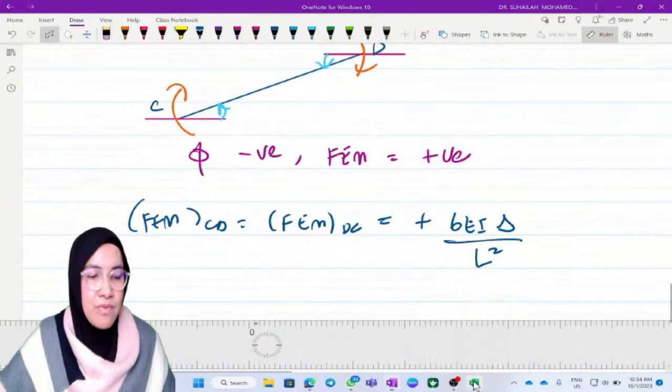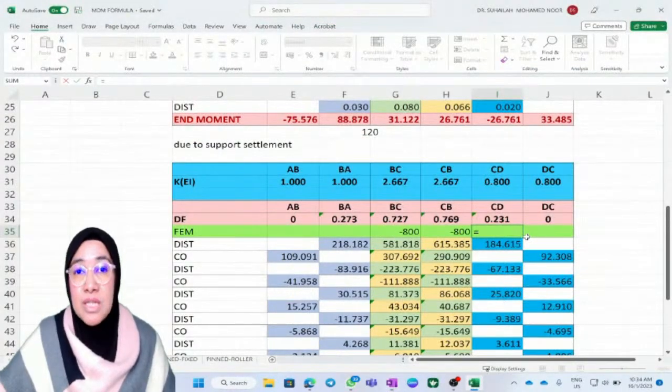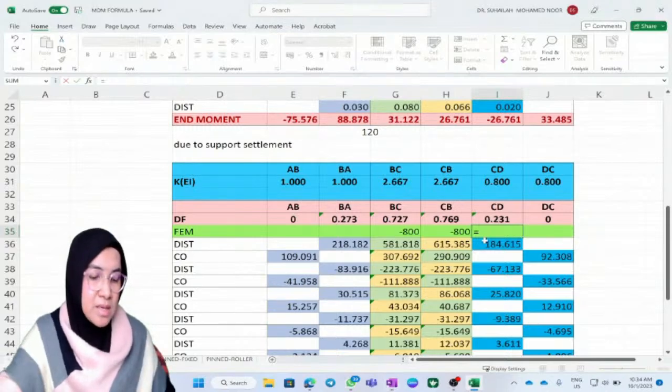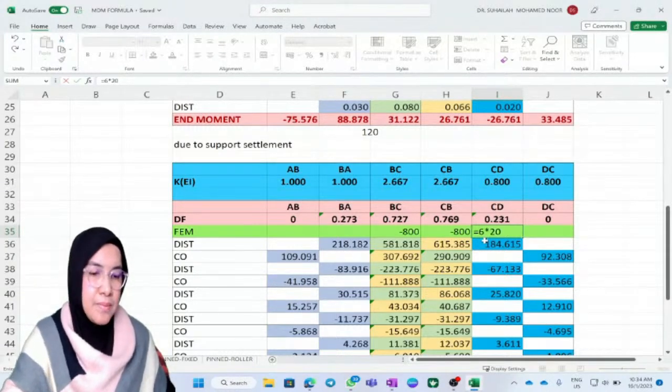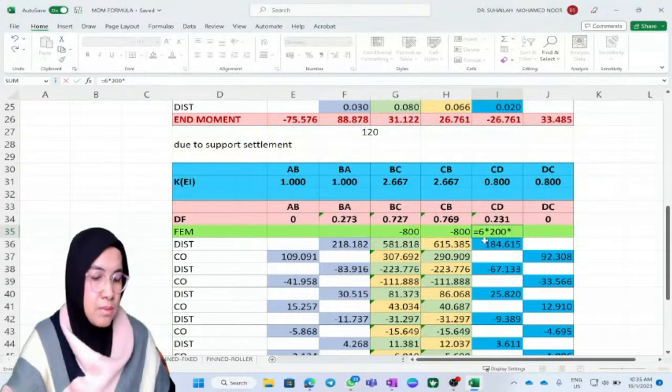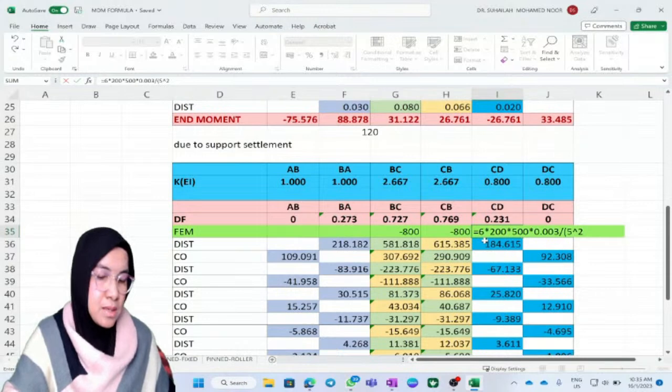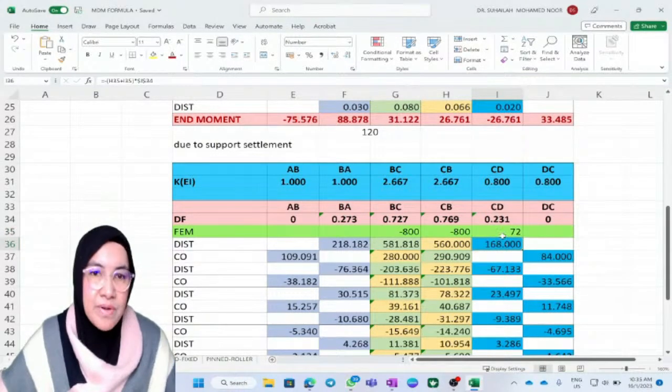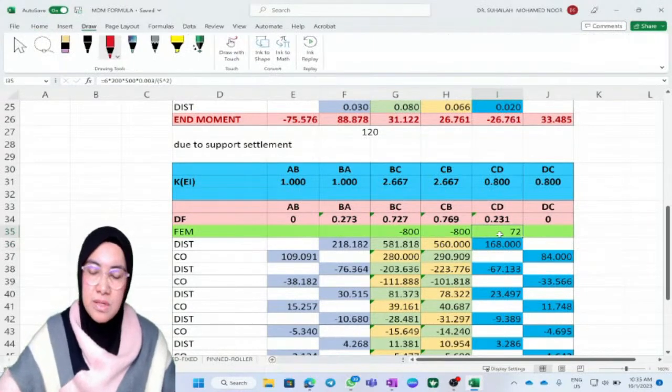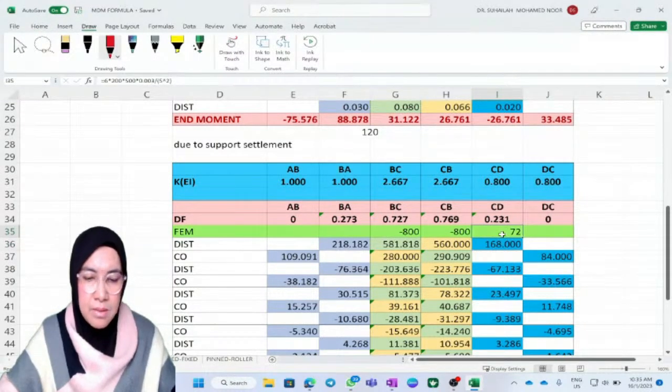To calculate FEM for CD, it is 6 times 200 times 500 times 0.003 divided by length 5 squared, which is 25. So we get 72.